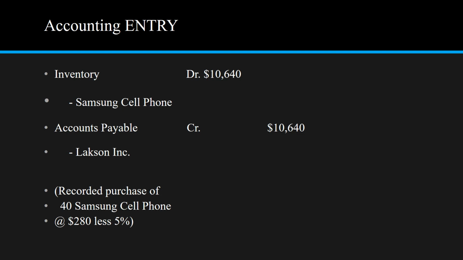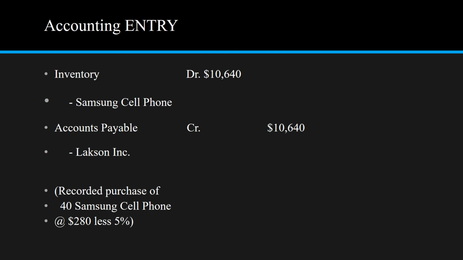So we have to mention what item has been purchased. And under accounts payable you can see the name of the vendor, which in this case is Lexan Incorporated.